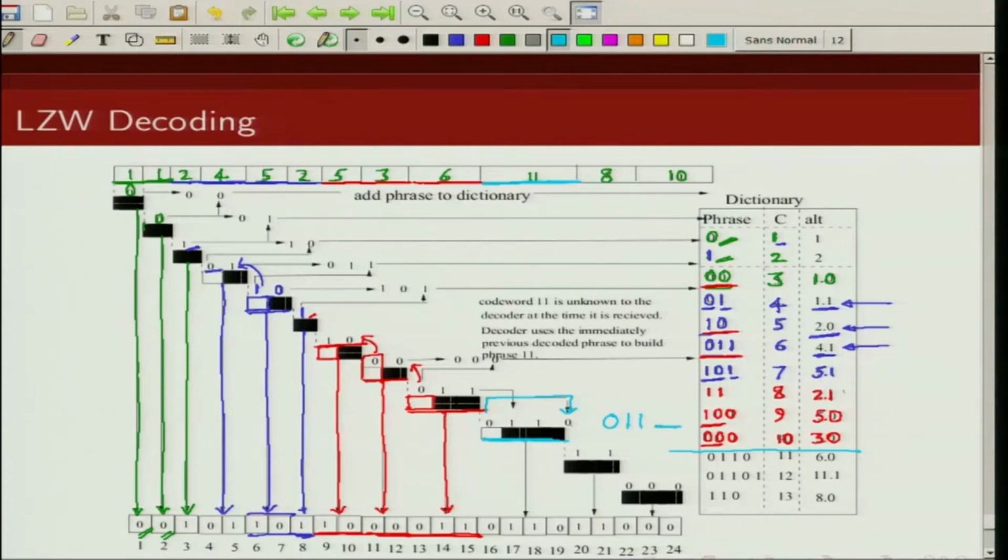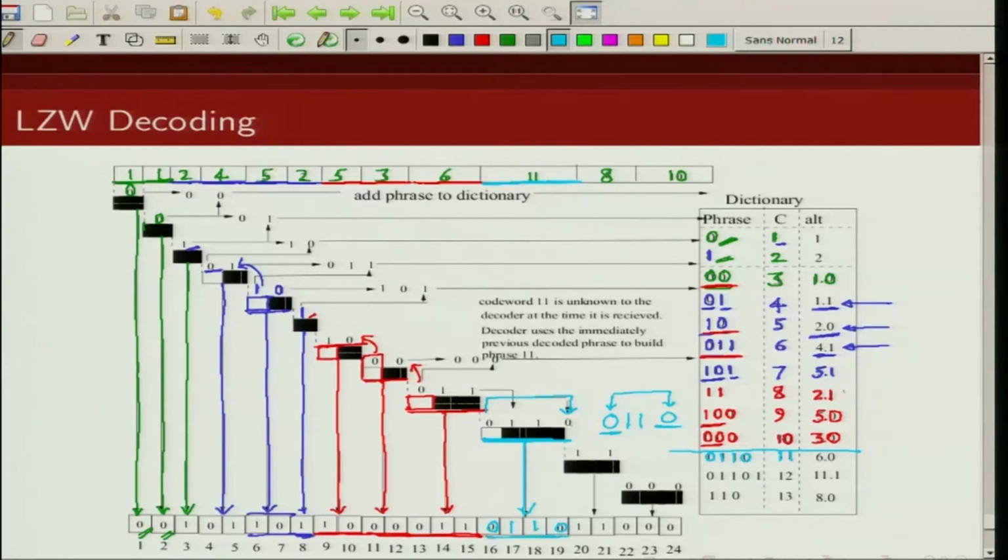Now what is this innovation symbol? It is nothing but the first bit of this new string, and the first bit of this new string is 0. So this bit and this bit here should be the same, and that's why I have written that 11 should be 0110. So I put 11 as 0110 and I decode this as 0110.